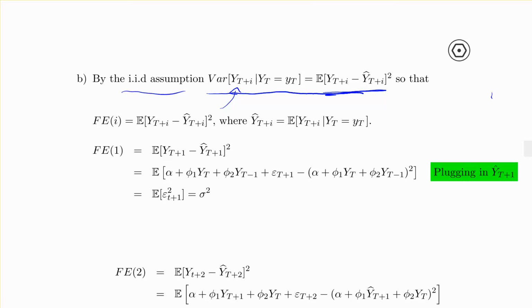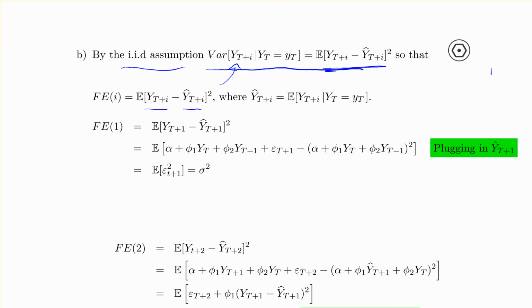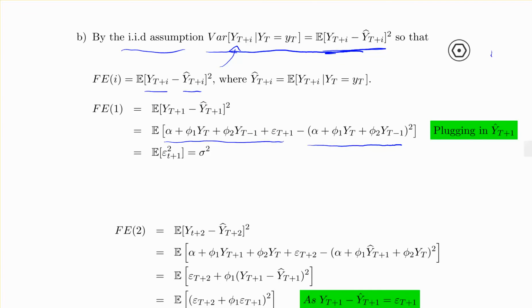So it's very simple then, we have YT+1, we know what the predictor is, we can then just work out the sample variance. So this is YT+1, minus the predictor, and therefore take one from the other, we're left with epsilon t+1, and this, by the white noise IID, is just sigma squared.